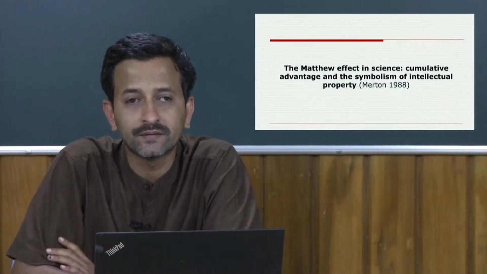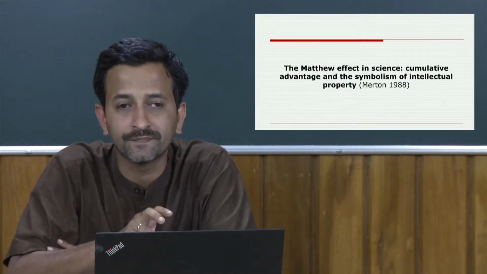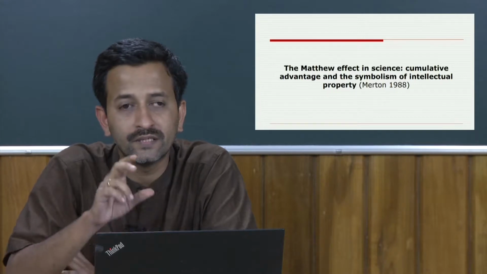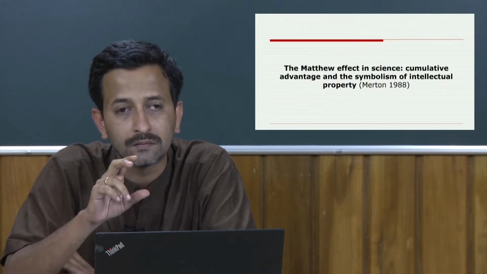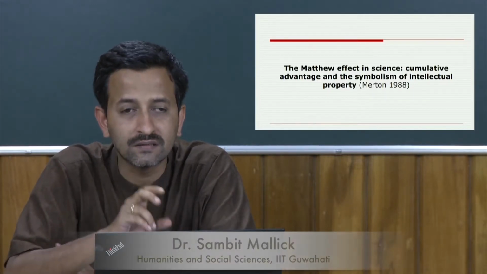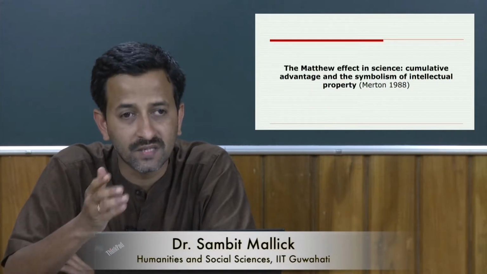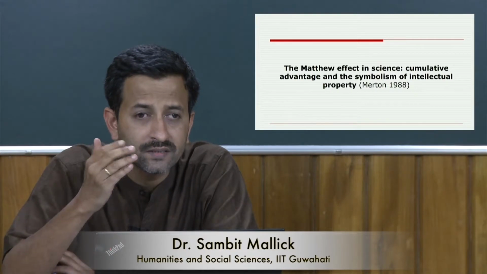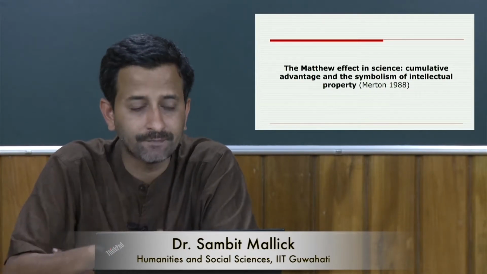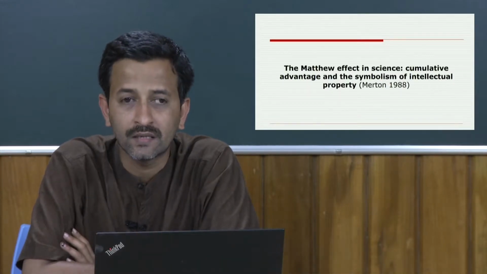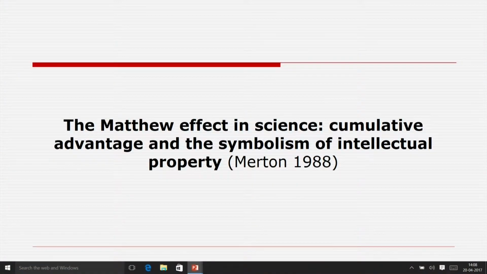Having discussed the first part of the Matthew effect in science, when we discussed the reward and the communication systems proposed by Merton, now we will discuss the second part of the Matthew effect in science in the form of cumulative advantage and the symbolism of intellectual property.